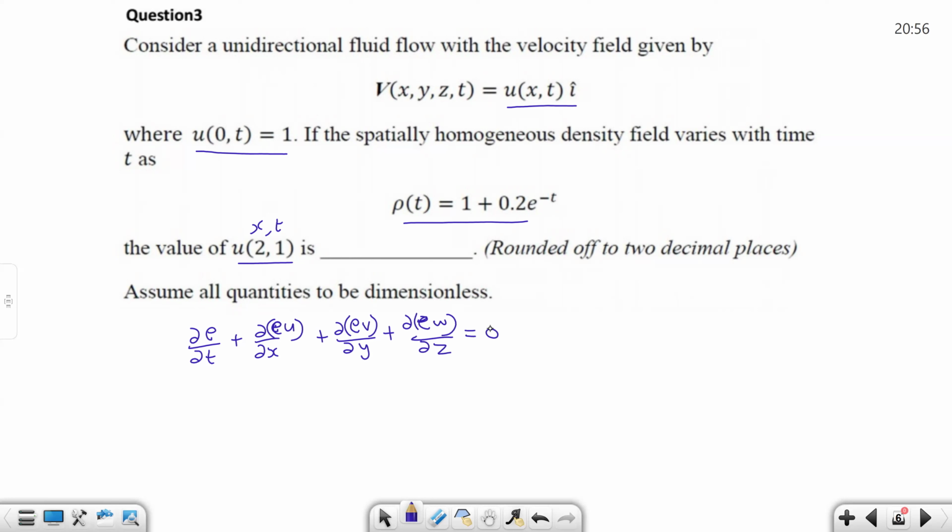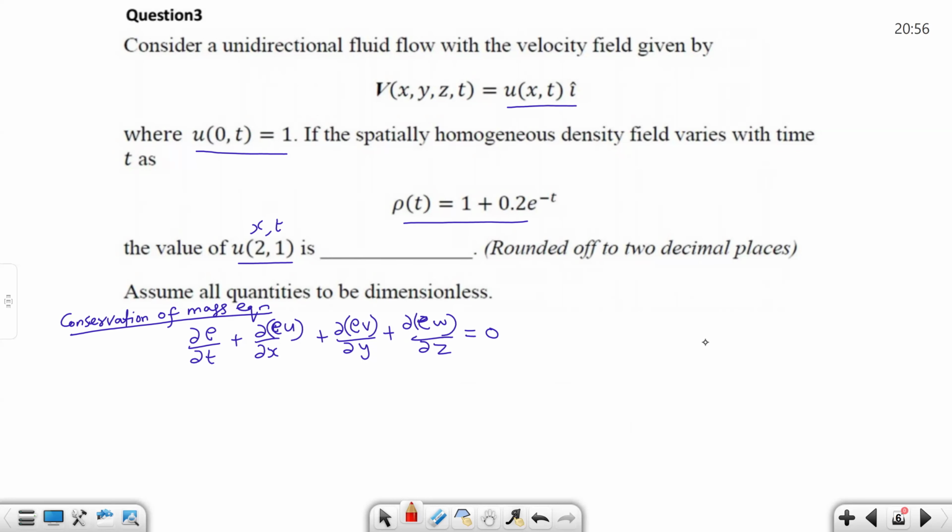This is the conservation of mass equation. So this term goes to 0 because v is 0, and this term because w is 0.